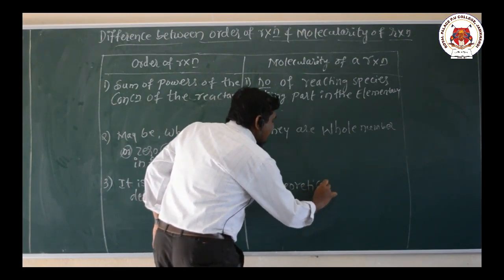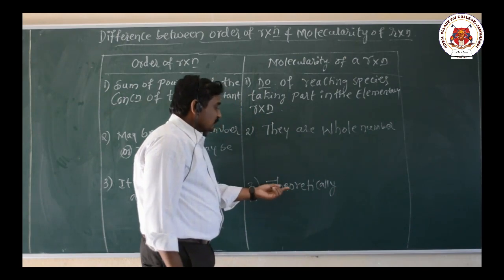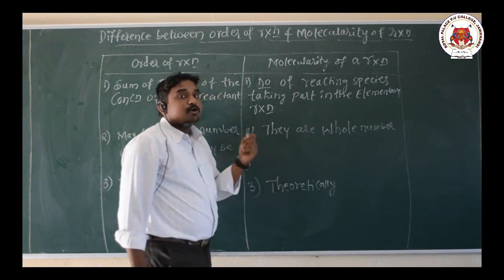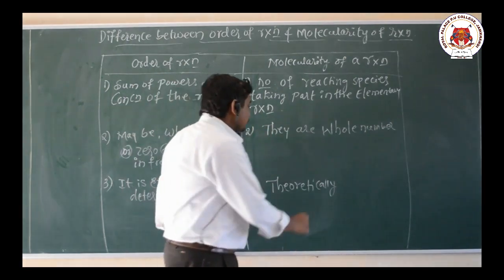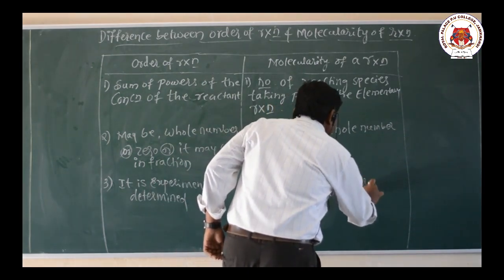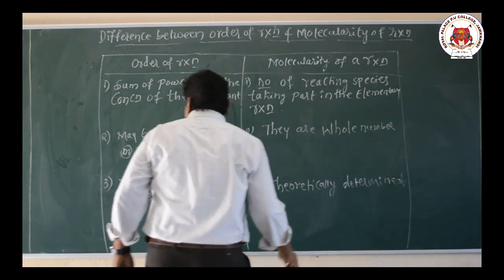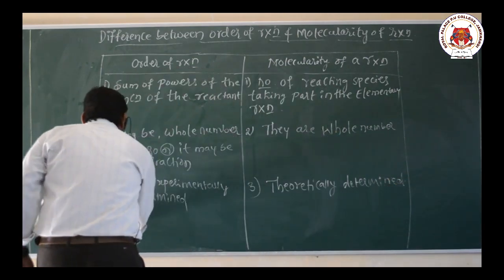Depending upon the number of reacting species taking part in the chemical reaction, we predict the molecularity of a reaction. Hence it is theoretically determined.